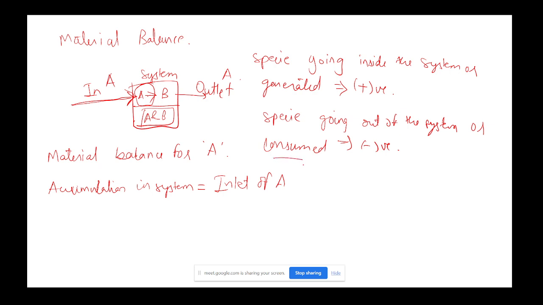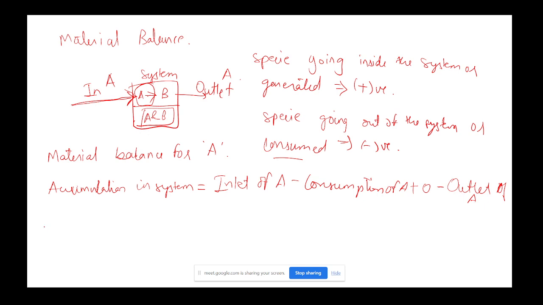Consumption is always negative, so minus consumption of A. Since there is no generation of A, the amount generated is 0, plus 0, minus whatever A is present in the outlet of A. So this is how we write it for this particular case.